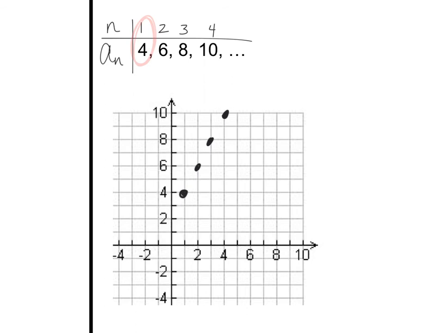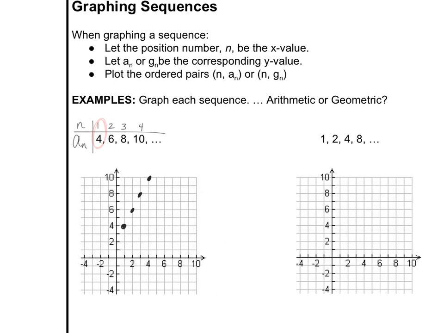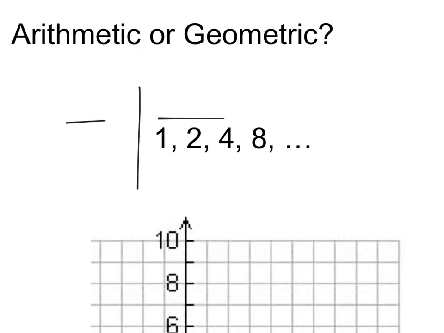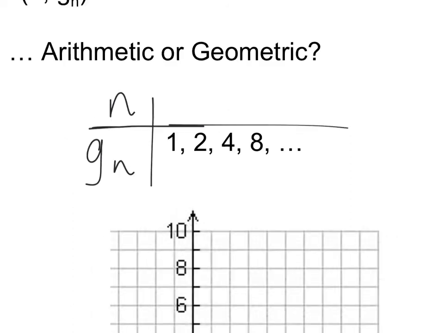Look at your next sequence, 1, 2, 4, 8. Arithmetic or geometric? Geometric is multiplying by 2. So it should be the shape of kind of like an exponential. Just don't connect the points. So I should see you make a table for me. N and G of N. Can you please go ahead and do that one and then check it with me when you're done.